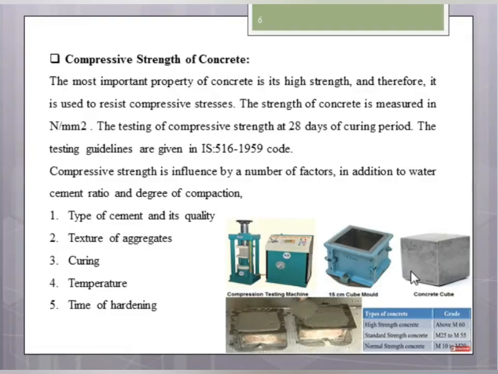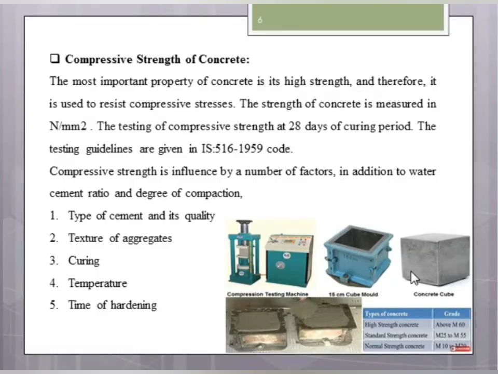In addition to the water cement ratio and degree of compaction, which are the main parameters, as we have discussed earlier from that graph, the type of cement and its quality also affect your strength.